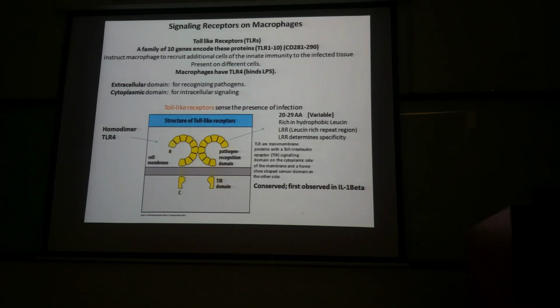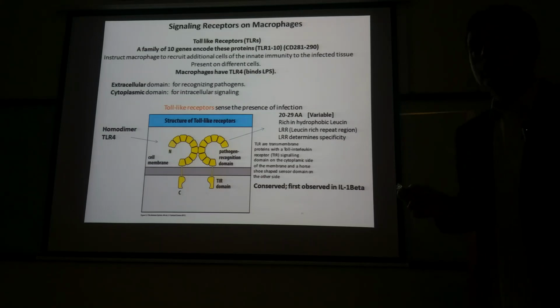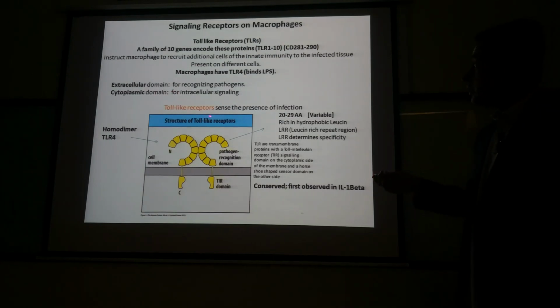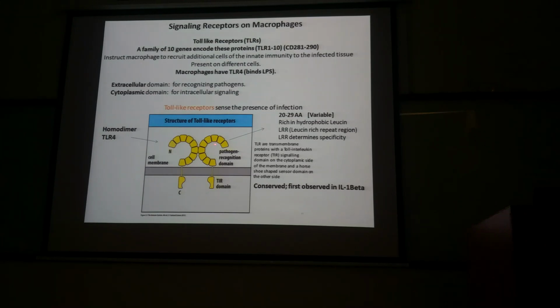This is the job of the macrophage, to initiate this process of inflammatory response. And for that purpose, it needs different types of molecules to be synthesized by this particular cell. So the Toll-like receptors are doing that particular job with the help of these different domains.